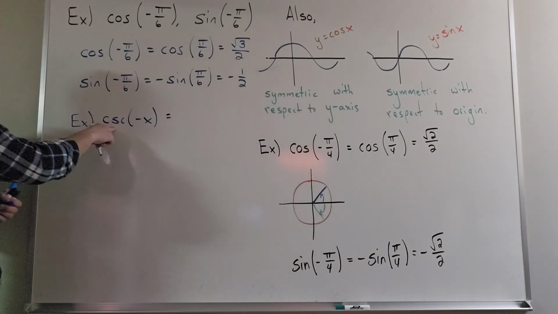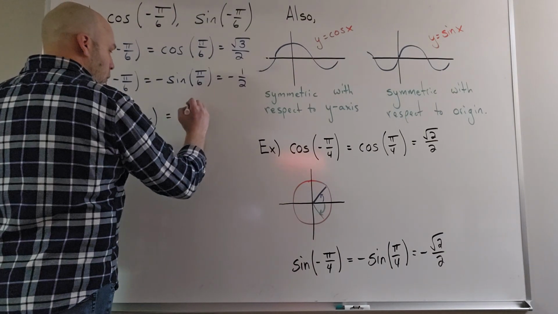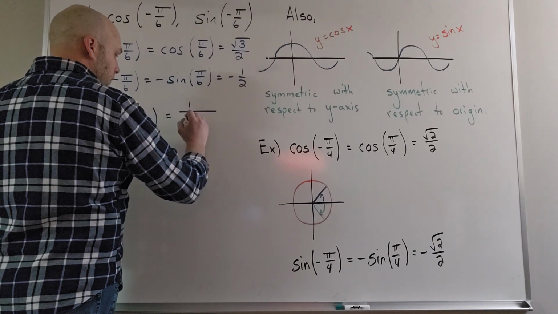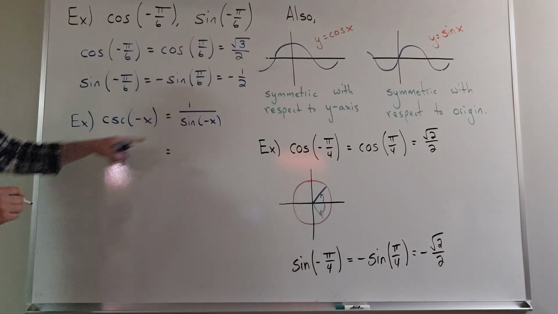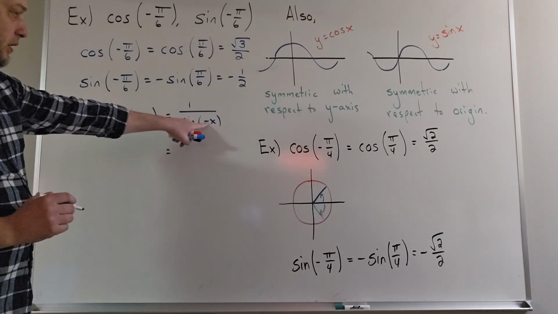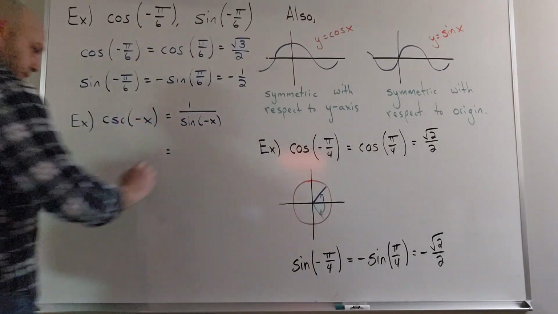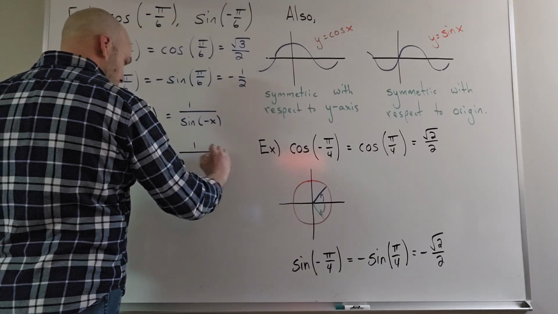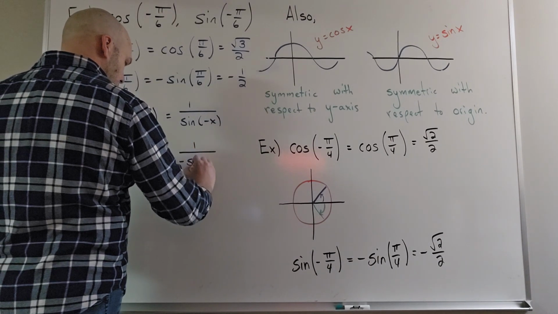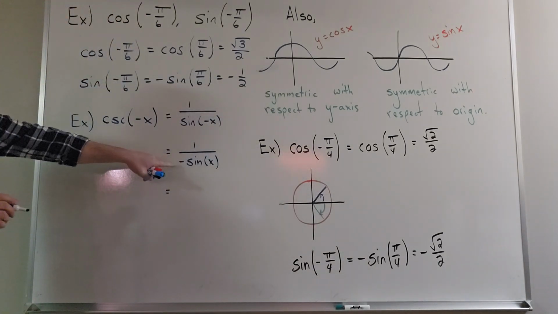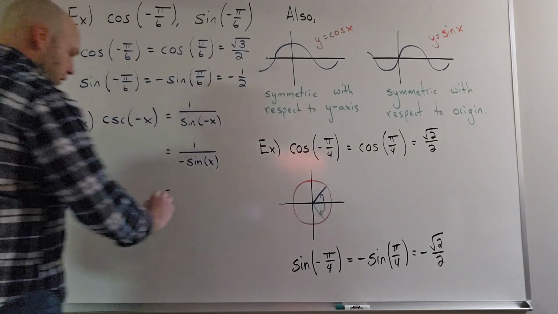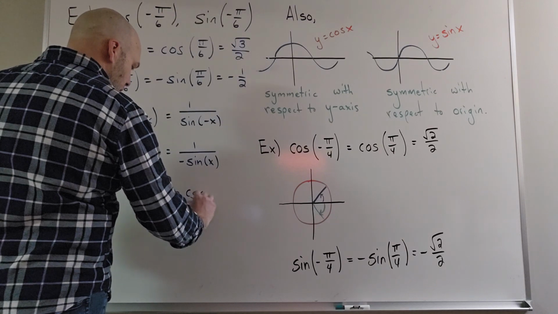Well, remember that cosecant is the reciprocal of the sine function, so this would give me 1 over sine of negative x. Since sine is an odd function, this negative can be brought out front. Then I would have the negative reciprocal of the sine function, which is the negative cosecant function.